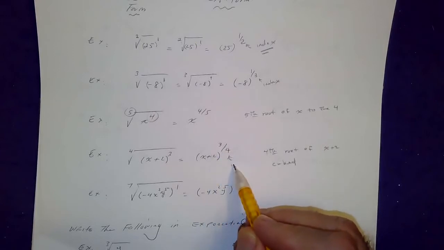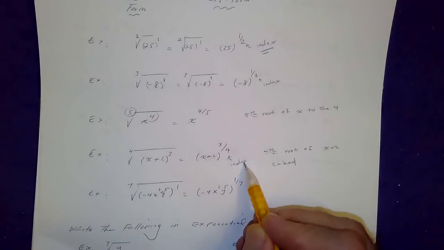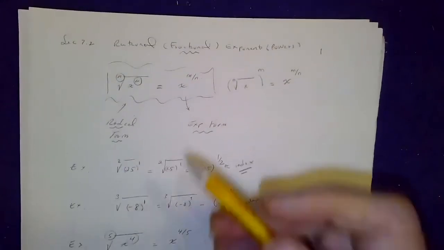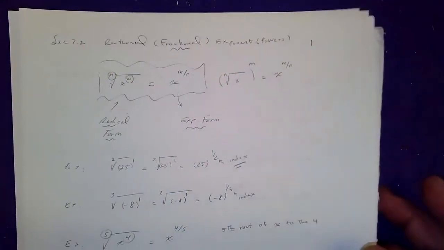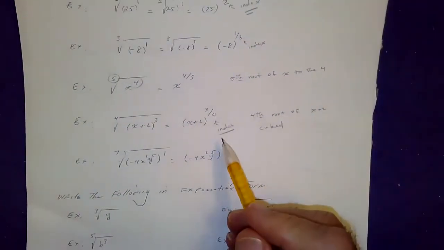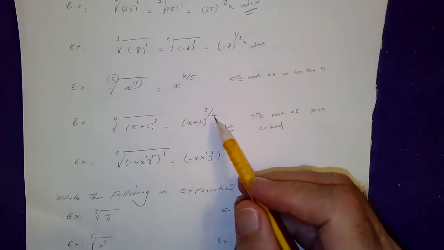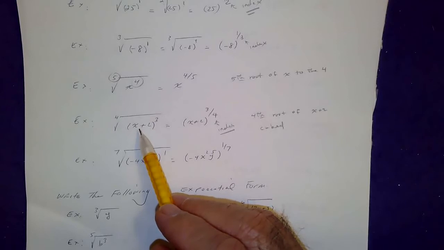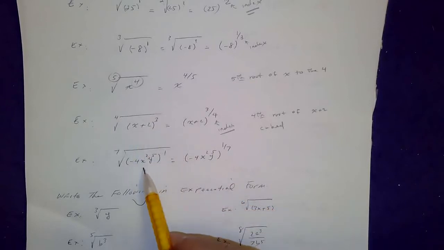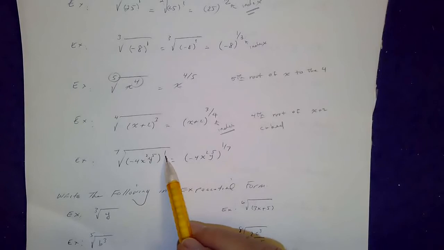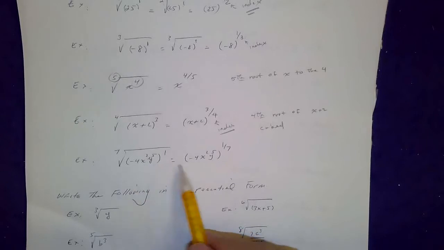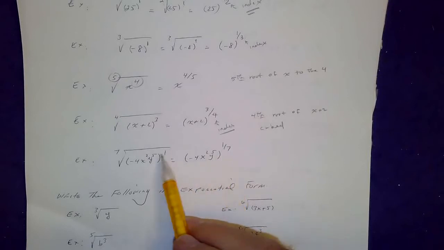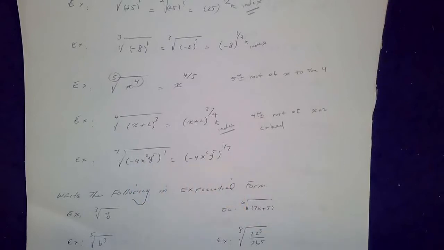Once again, the denominator of your power, which is always a fraction because we're dealing with fractional exponents, has to be the index. So anytime the power is a fraction, that should remind you of a radical. And -4x squared y to the 5th to the power of 1 over 7.